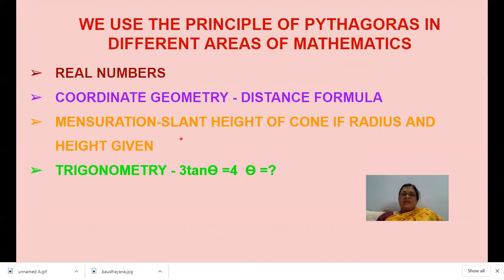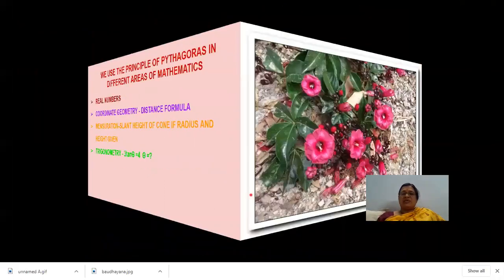In mensuration, for calculating the slant height of a cone if the radius and height are given, we also use this concept. In trigonometry also, if 3 tan theta is equal to 4, to find the angle theta in that problem, we apply this Pythagoras theorem concept.